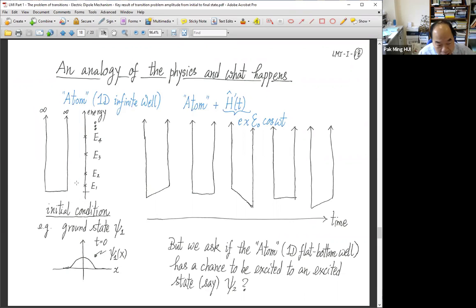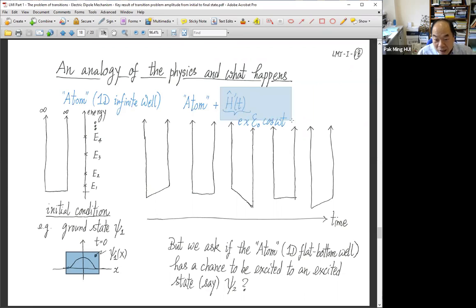Because you know there are discrete states that look like an S and a P, things like that. That makes sense, at least. Now, initially, before time equals 0, you have this atom in the ground state.